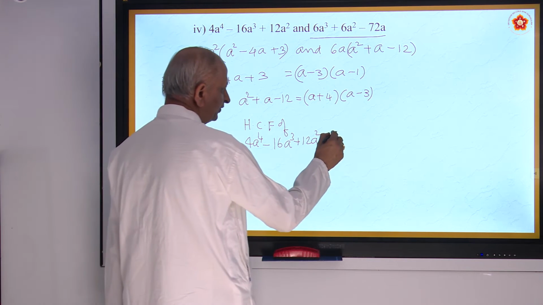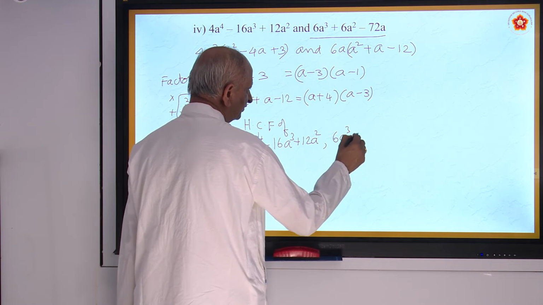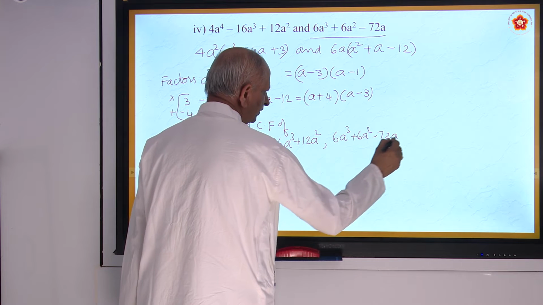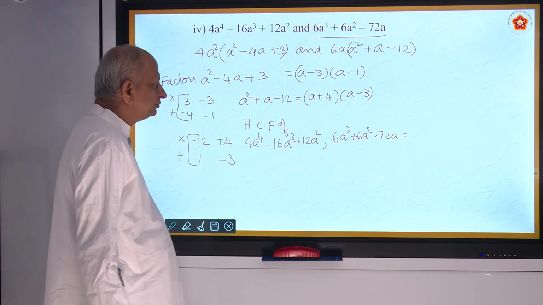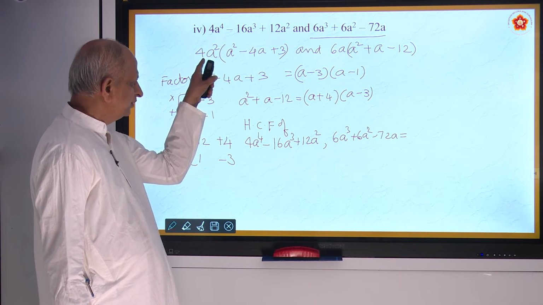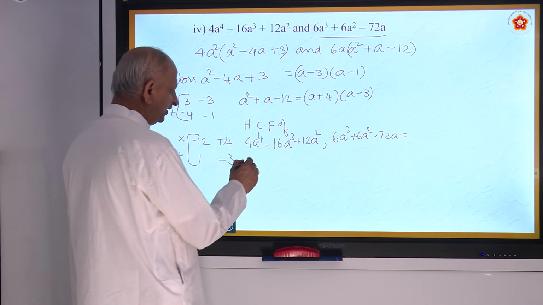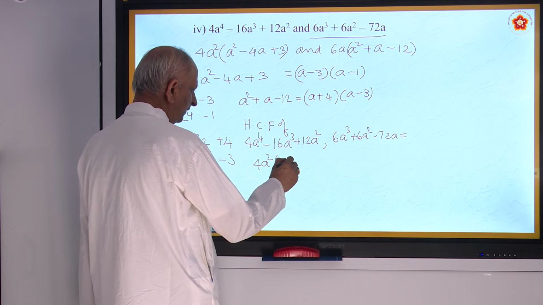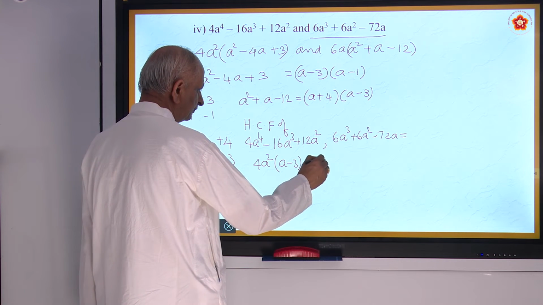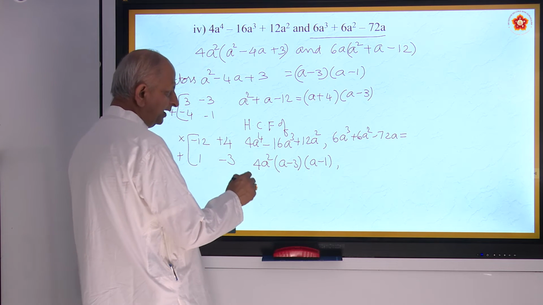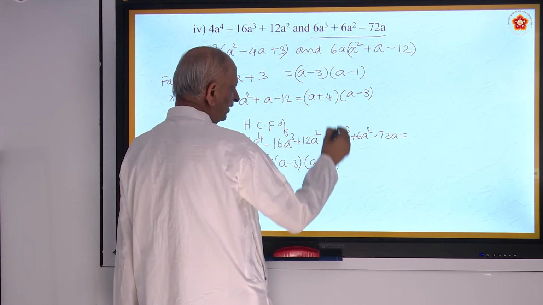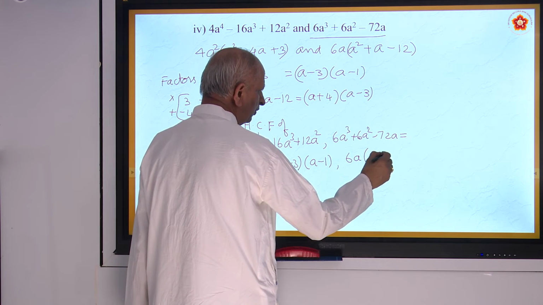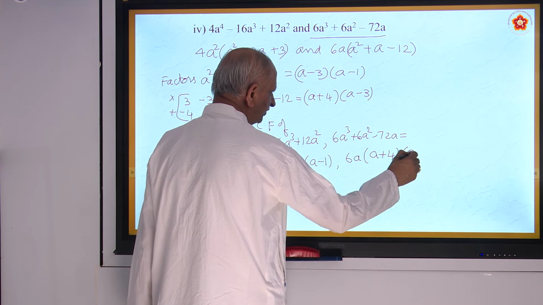Second one, 6a cube plus 6a square minus 72a is equal to, see what we made here, we have taken 4a square outside, right? So this is 4a square into (a minus 3) into (a minus 1), and this one is 6a we have taken, 6a into (a plus 4) into (a minus 3).